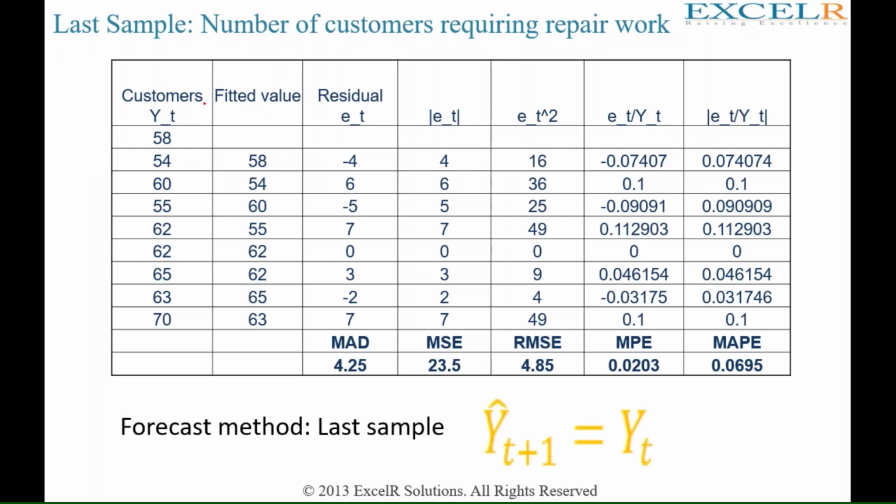The residual will be the forecasted value minus the actual value, and you can calculate mean absolute deviation, square error, and so on. Say we have used the last sample technique here for forecasting. That is why it's the last sample. The last value is taken away and then you get the rest of the values here.